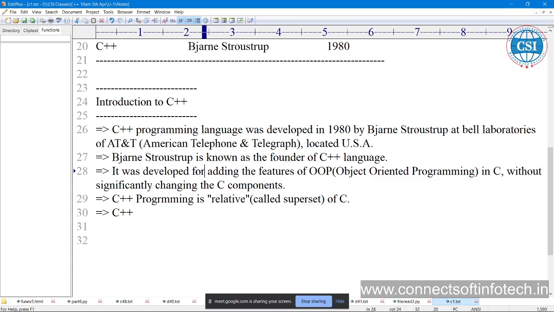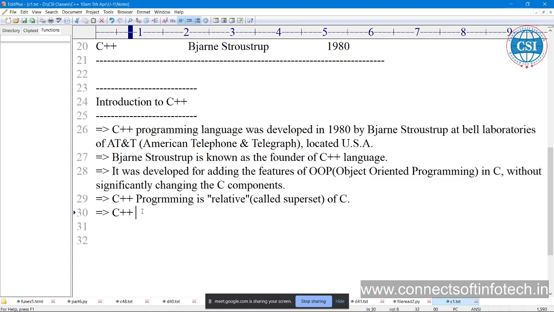Low level application means that interacts with the machine, the software we use with hardware, for example operating systems. Windows, Linux and Unix operating systems are designed in C. Also it is used for creating drivers, software drivers in C++, that are used for CT scan machines and MRI machines.